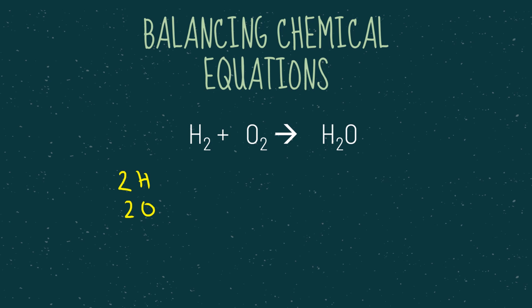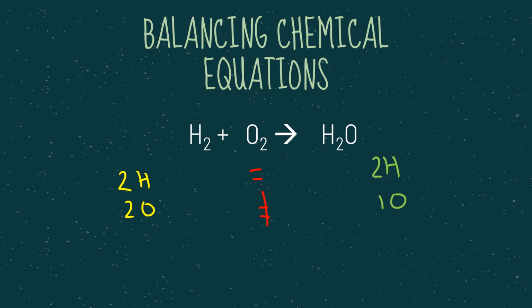On the right hand side, in the product, we have 2 hydrogen atoms and 1 oxygen atom. In order to balance this equation, we need to ensure that the number of hydrogens on the left and right is equal, and the number of oxygens on the left and right is also equal. For now, the hydrogens are equal, but the oxygens are not equal.